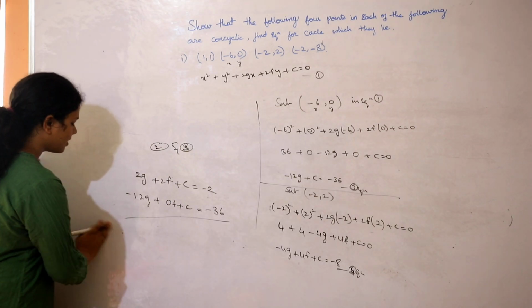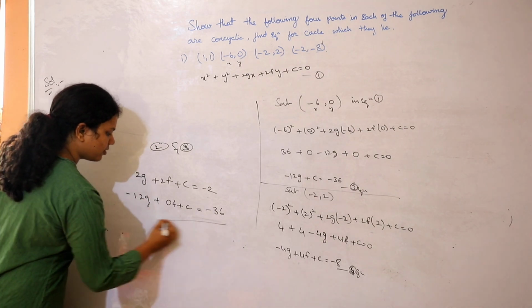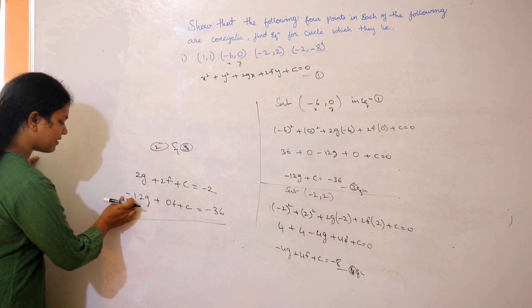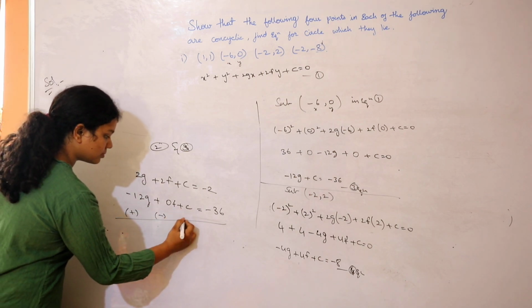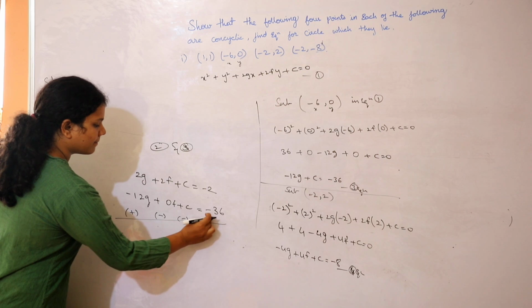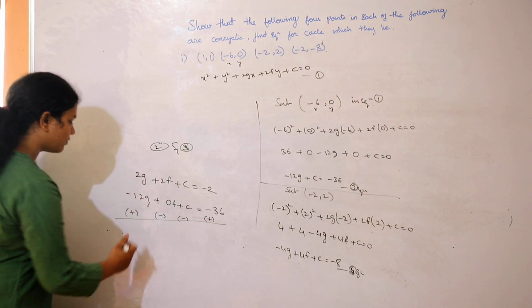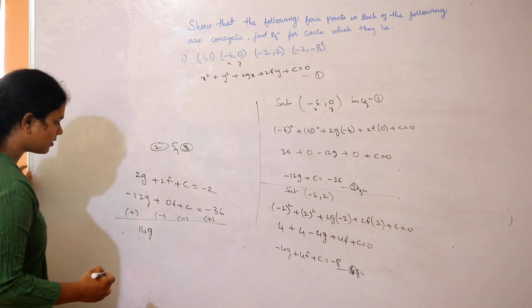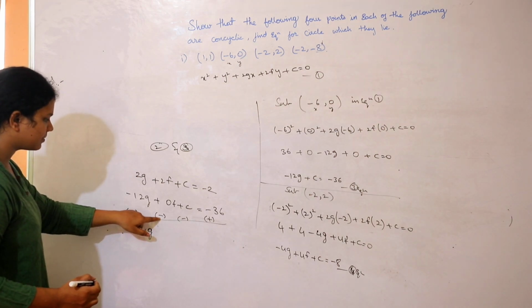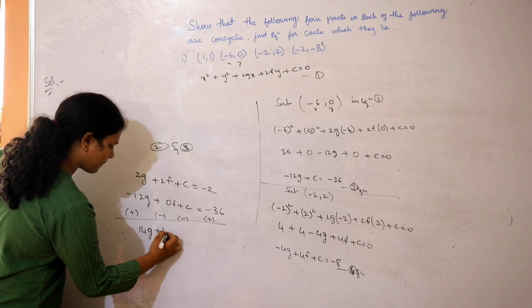Now what to do is, as I said, the signs change. Here you are having minus, so it changes to plus, plus changes to minus. Now it's 12 plus 2, how much? 14g, and it's plus 2f.